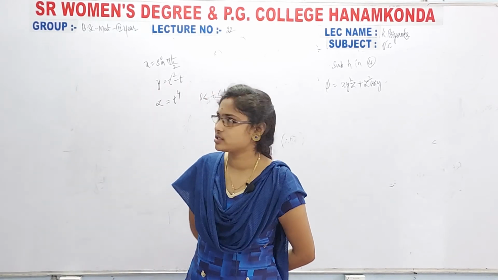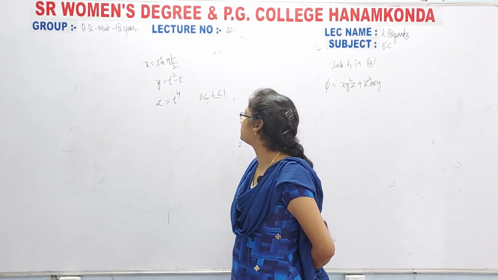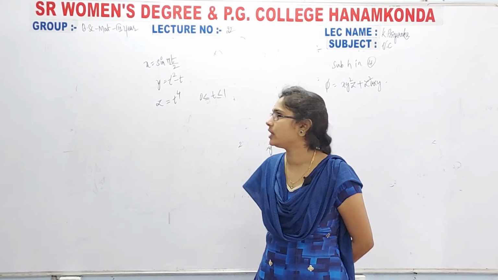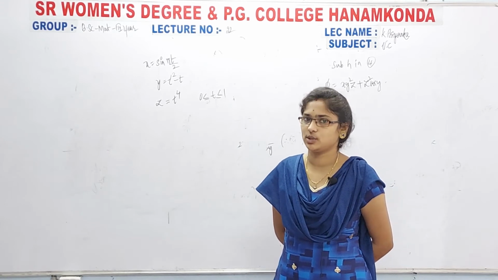Therefore, the end points are: if I put t equal to 0, then x gives 0, y gives 0, z gives 0. That is why 0 comma 0 comma 0.